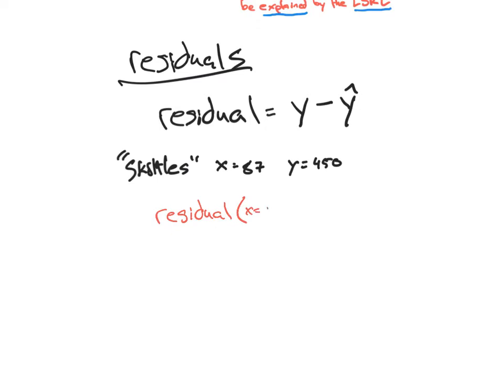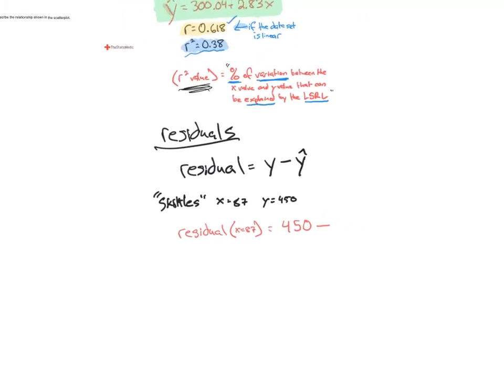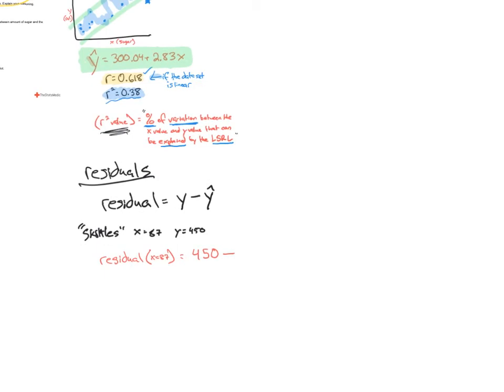Residual for X equals 87, just so that we remind ourselves, is equal to 450 minus predicted. Well, we don't know the predicted right this minute, so let's plug it in up here. Let's take 87 and plug it into this equation. Let's get a predicted value for 87.